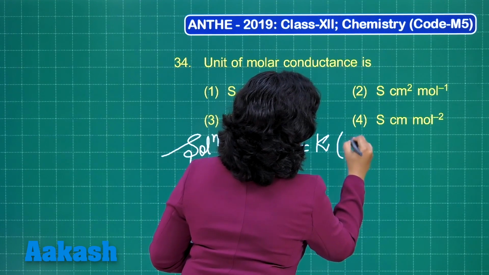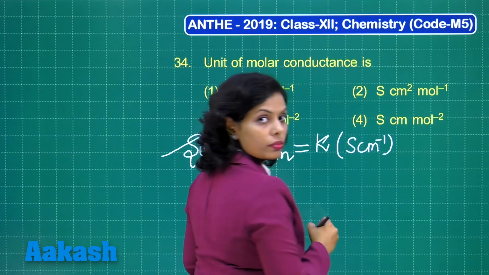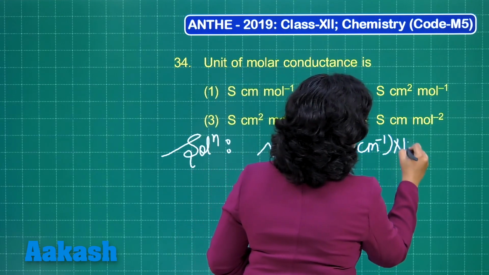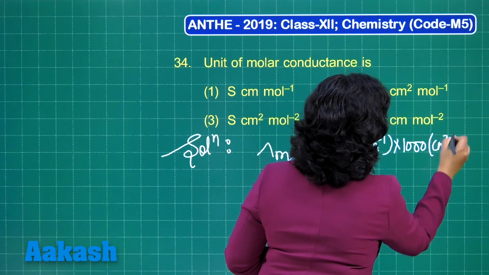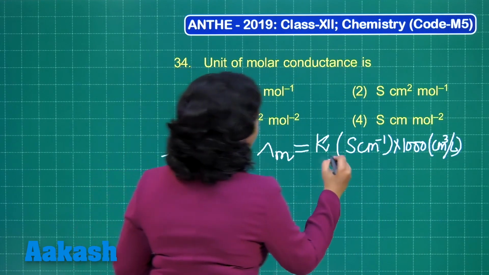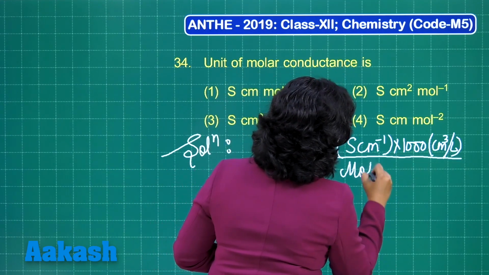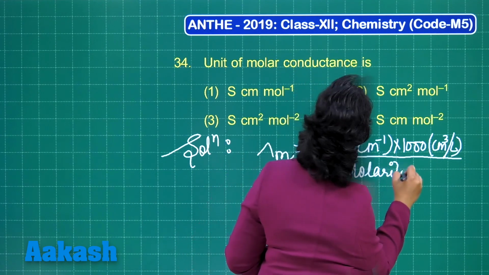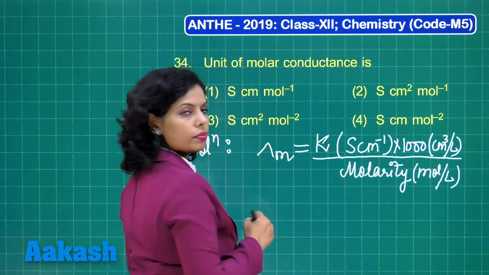It is Siemens centimeter inverse. Further multiply 1000. The unit is centimeter cube per liter, because I am going to divide this by molarity. The unit of molarity is mole per liter, right?